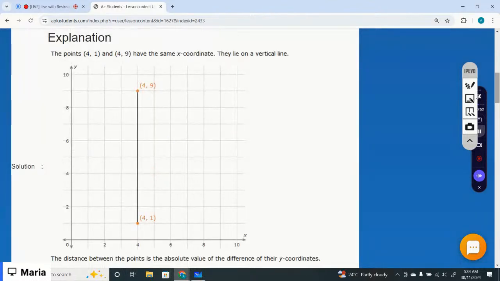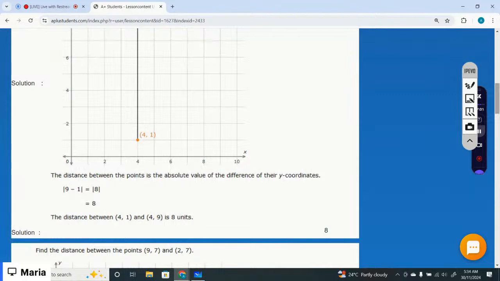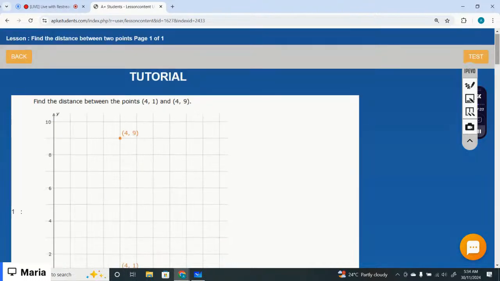So the points (4, 1) and (4, 9) have the same x coordinate, right? That means they lie on a vertical line. The distance between the points is the absolute value of the difference of their y coordinates. So that is 8 units. Let's just start with the test questions.